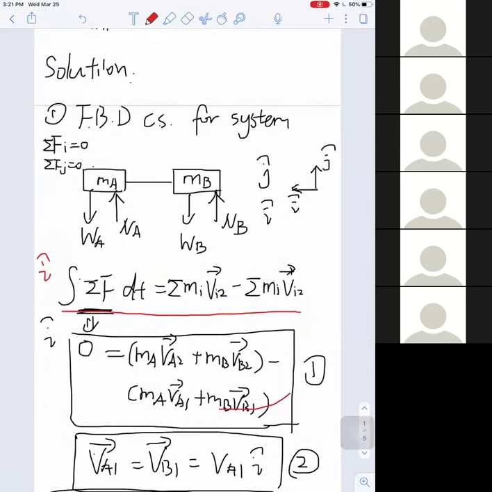Here vA2 and vB2 are the speeds of both A and B after the engine is shut off, and vA1, vB1 are the speeds of both before the engine is shut off.